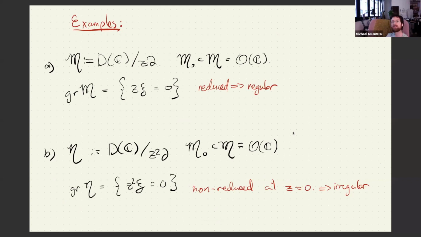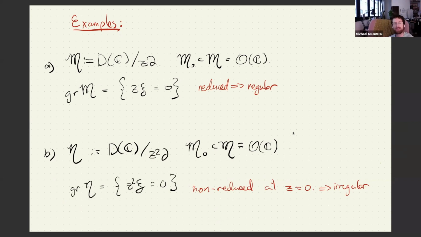So just in some simple examples, this checks out. If you look at our classic D module, the C mod ZDZ, the associated graded for the usual filtration is Z psi equal to 0.